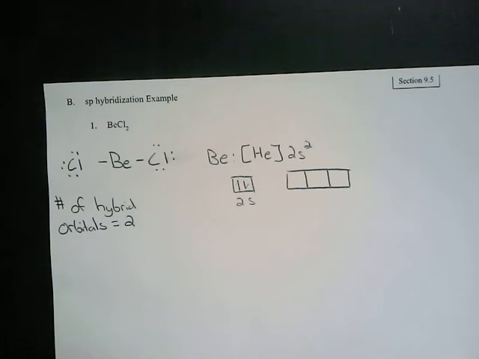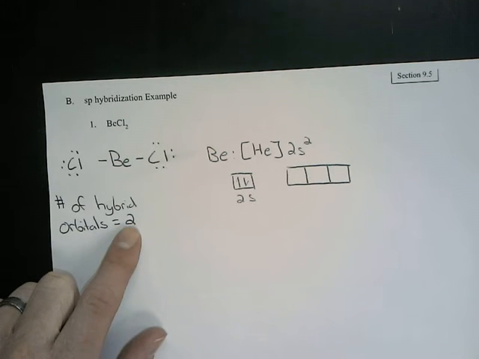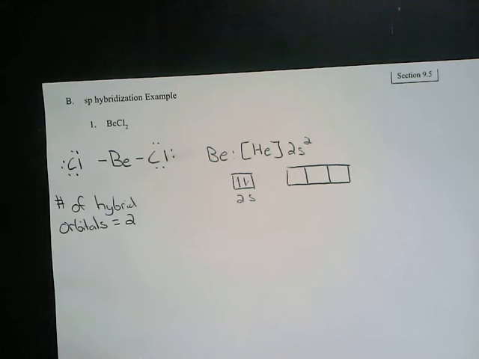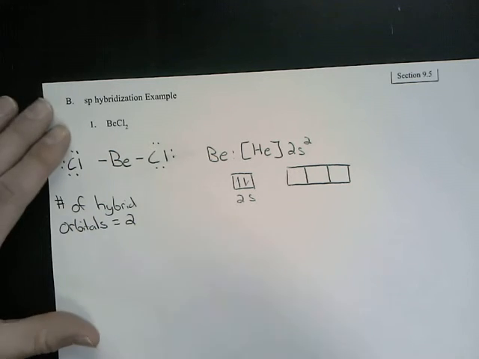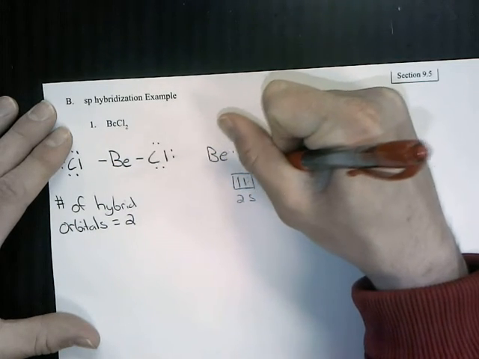Now, what happens is this. We need 2 hybrid orbitals, which is essentially saying, hey, we need 2 spots to connect things to Be. So what happens is this.